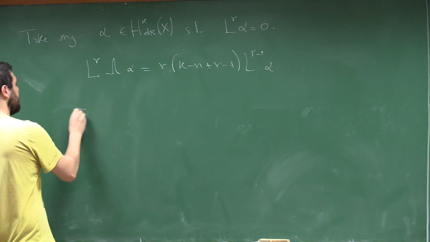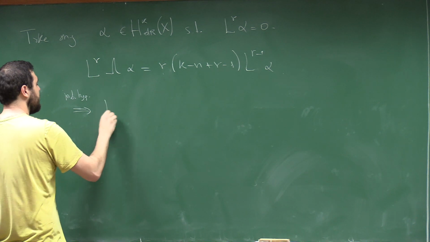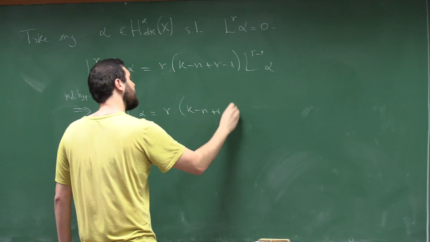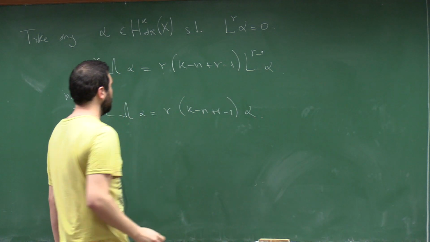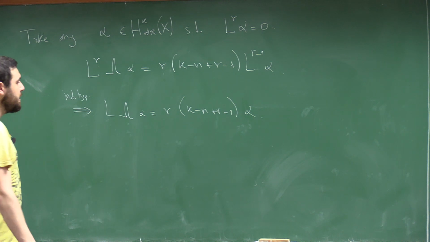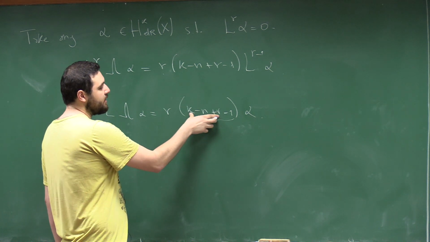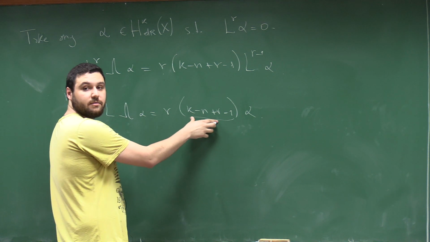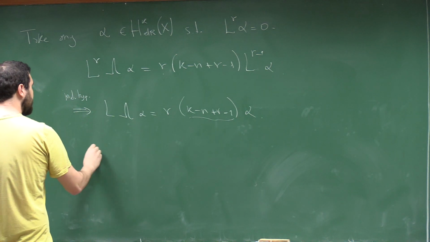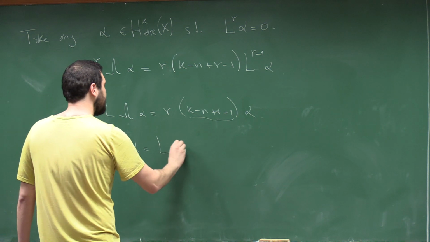So by induction hypothesis, we know that L lambda alpha is equal to R k minus n plus r minus 1 alpha. And so we know that this number is non-zero because k plus r is less or equal than n, so this number is negative. So it's non-zero.